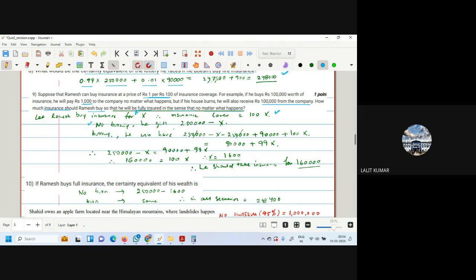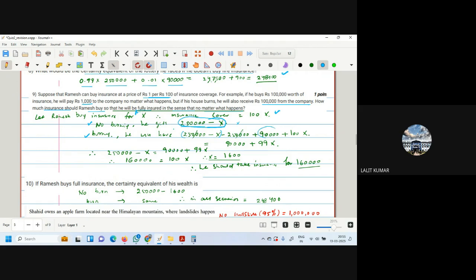In the case of no burning, he starts with 2,50,000 minus X, and he keeps the entire value of property plus house. So 2,50,000 minus the premium which he has paid. Now, in case of burning, he starts with 2,50,000 minus X. Everything burns down, so he loses 2,50,000.